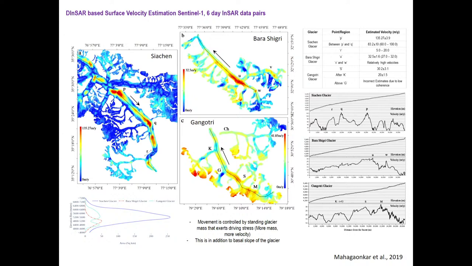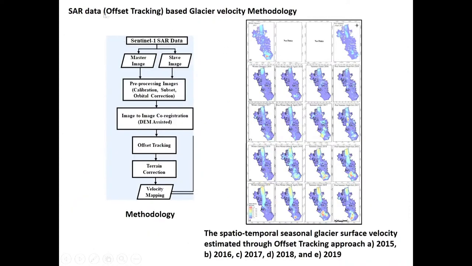If you are getting some coherence within 6 days, you can do the analysis and retrieve the glacier's surface velocity. If the velocity is higher and you may lose the coherence, it is suggested that you go for the offset tracking method.